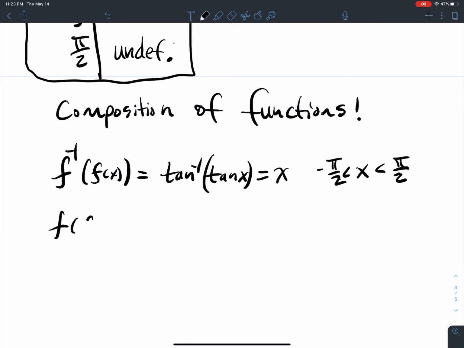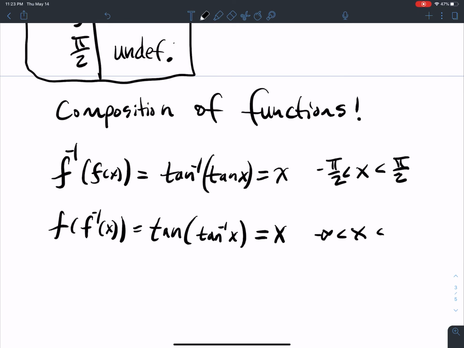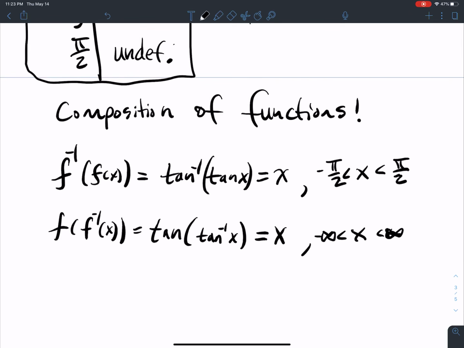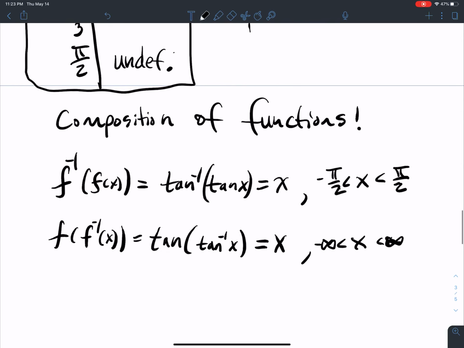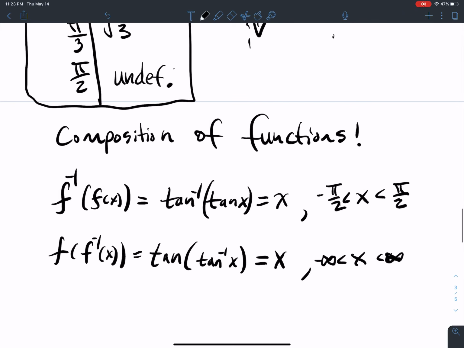And then f of f inverse equals the tangent of arctangent, which equals x, as long as x is a real number. So anything from negative infinity to positive infinity. So anything here will work. So just keep that in mind as you're working through composition of any functions you might run into.